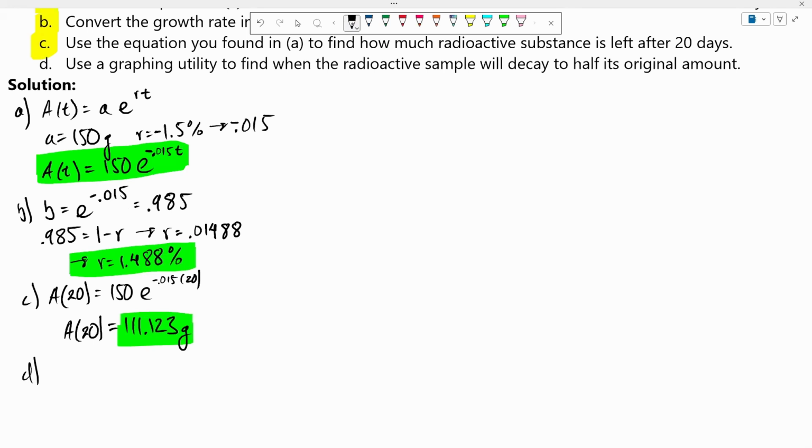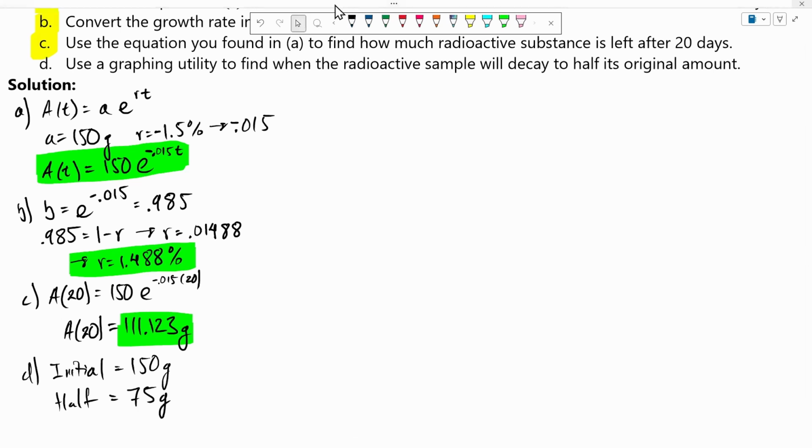We started with an initial amount that is supposed to be 150. Since we want to find out when it's half its original amount, that means we're trying to find when there's going to be 75 grams left.